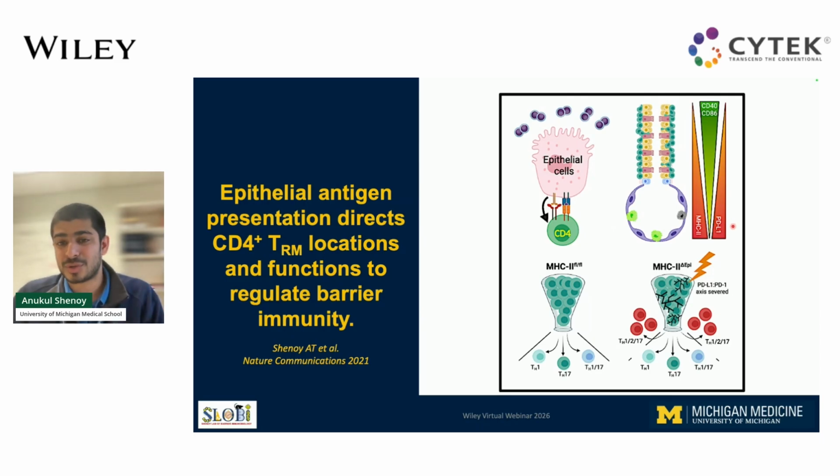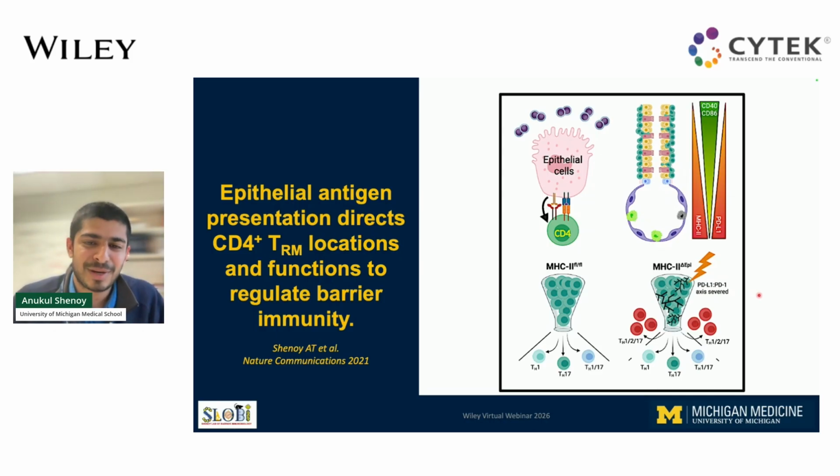We go on to show in the paper that if you knock out PD1 on the T cells, or the epithelial cells' ability to deliver the signal to the T cell, these T cells essentially lose this bottleneck or constraint on them and start becoming very plastic and cause a lot of inflammation. So again, epithelial cells via PDL1 talk to PD1 on the T cells to essentially constrain their plasticity.